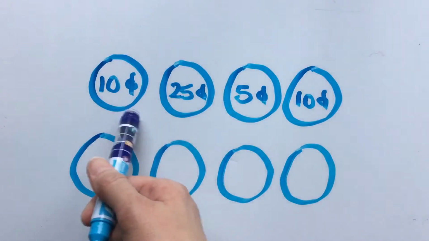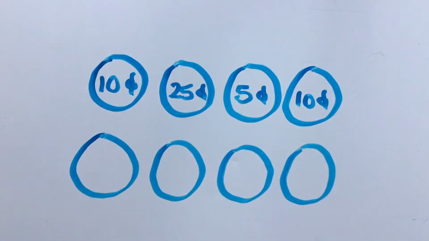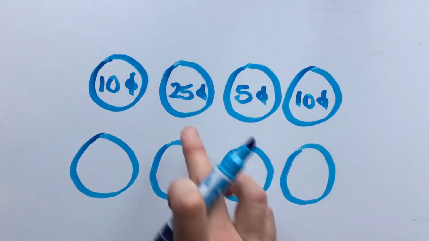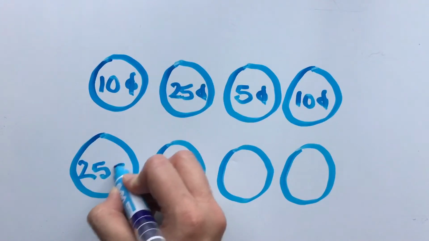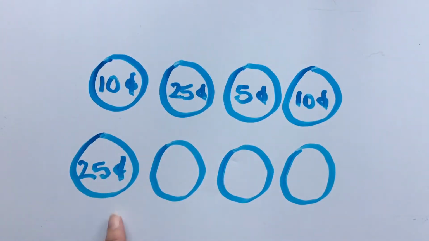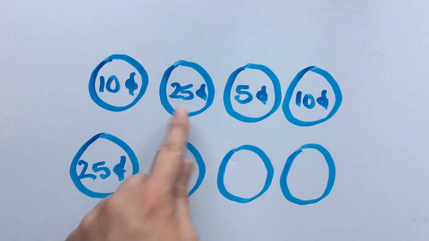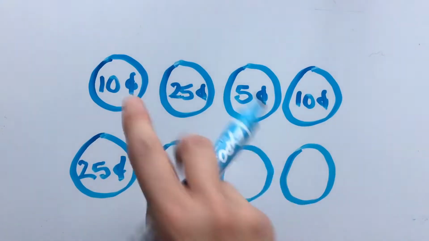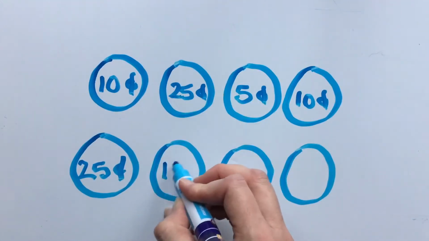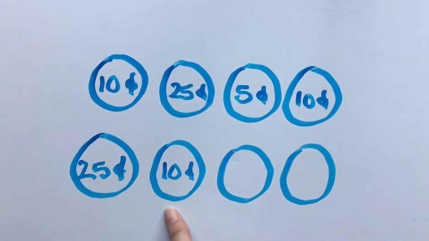So now I'm going to look at these pretend coins and find which one has the greatest value. Well, if you said 25 cents, you're correct. So I would write 25 cents in the first circle or pretend coin. Now I've used this coin. What's the next coin that would go here? Well, if you said one of the 10 cents or dimes, you're correct.